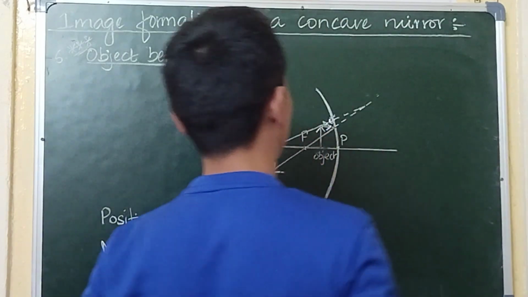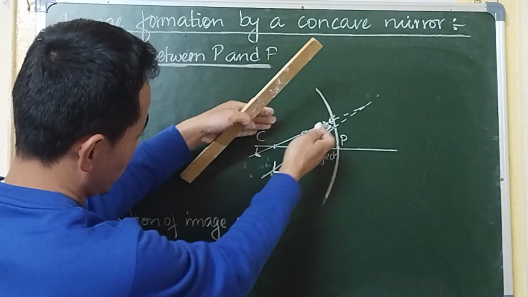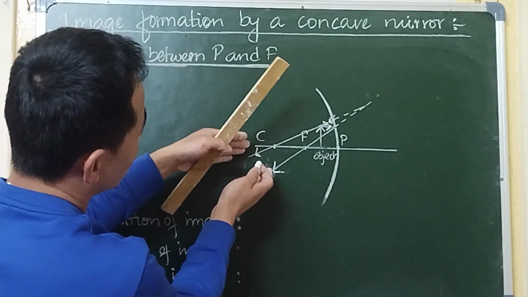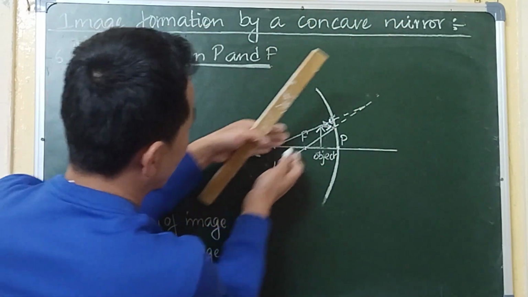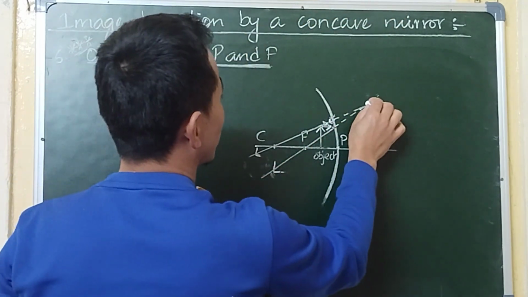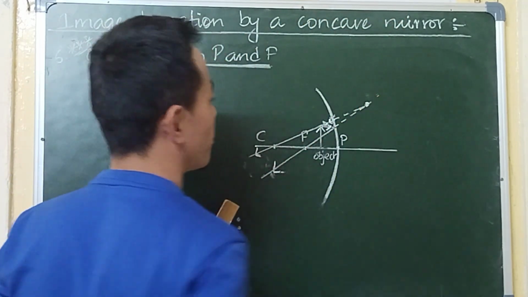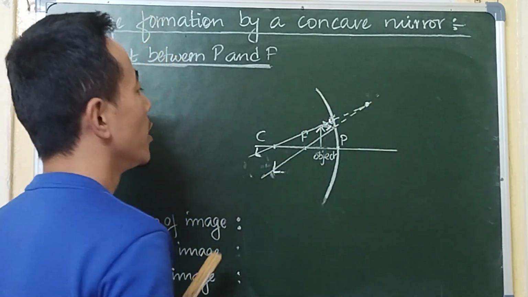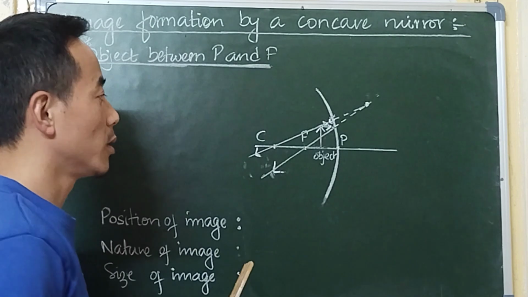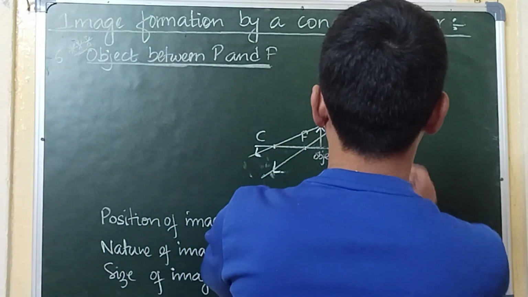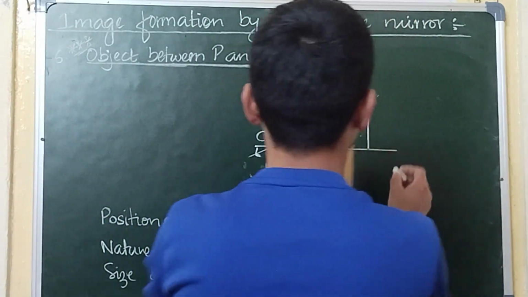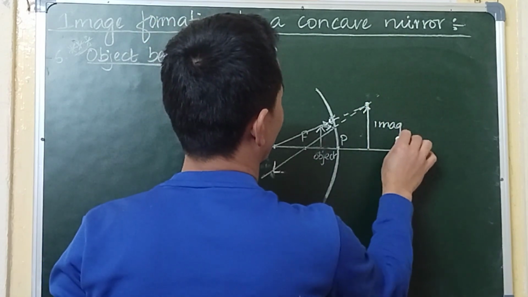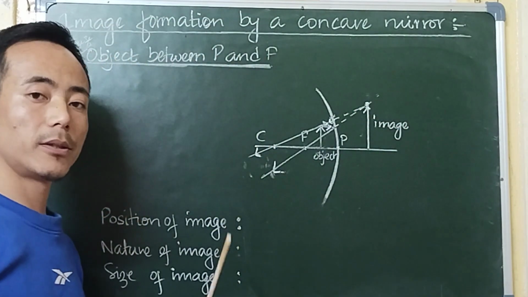When we produce these reflected rays backwards, they are going to intersect at some point. And wherever the two rays, after producing backwards, intersect, there we will get the image of the object. So from here, you can draw the perpendicular on the principal axis. So this now becomes the image of this object.